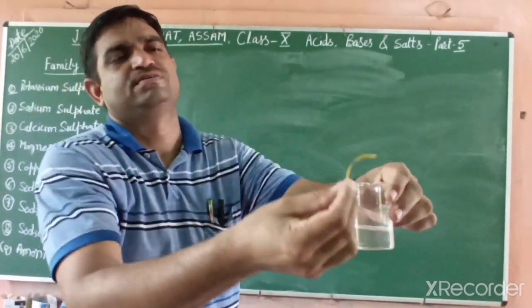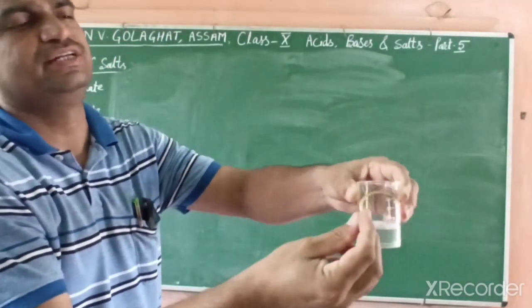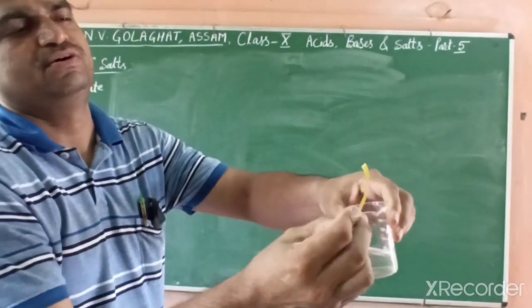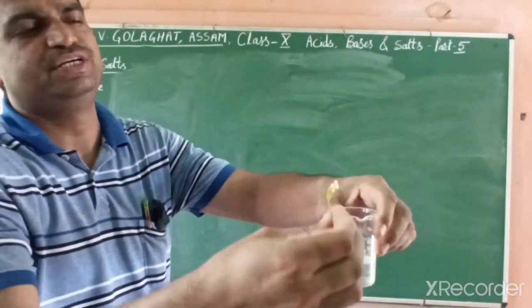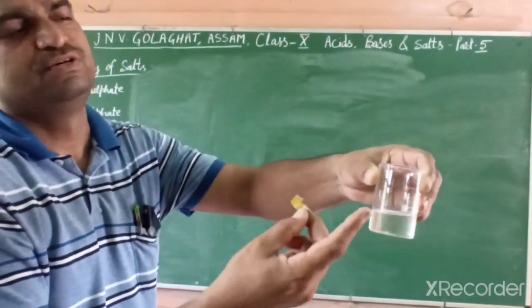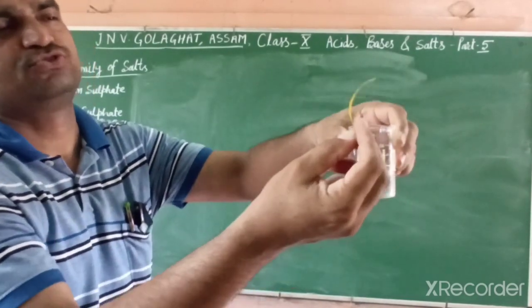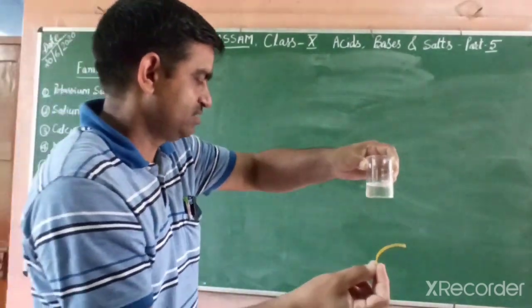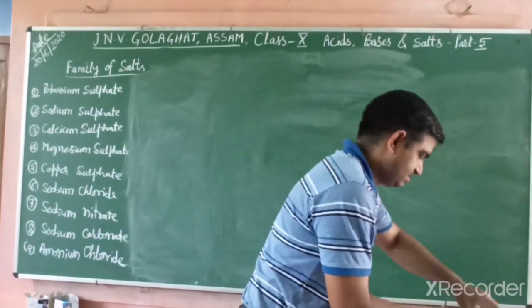Ammonium chloride, yellowish color, so it is acidic nature, means orange color, so it is a weak acid. Ammonium chloride is made by HCl and ammonium hydroxide, weak base and strong acid, so it is an acidic salt.